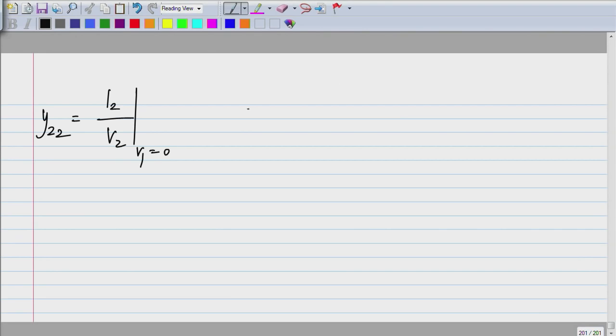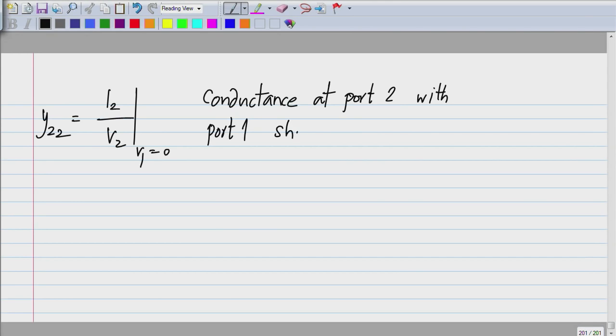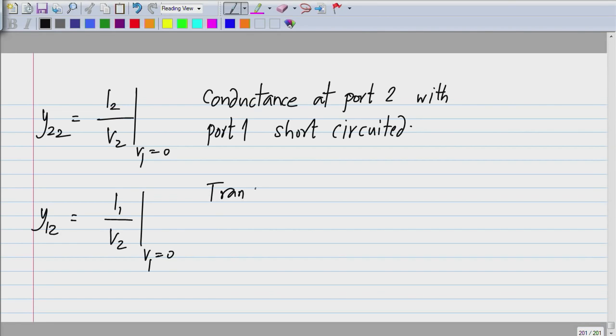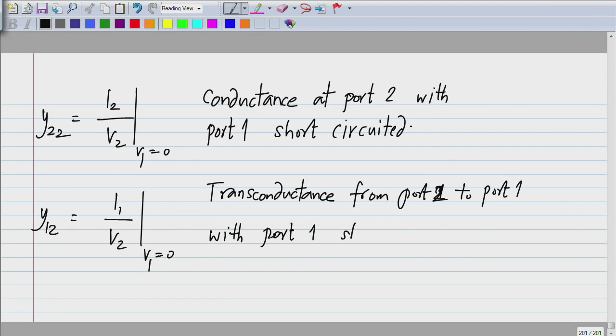Yeah, so that is exactly right. This is conductance at port 2 with port 1 short circuited, and similarly Y12, which is I1 by V2 with V1 being 0, is transconductance from port 2 to port 1 with port 1 short circuited.